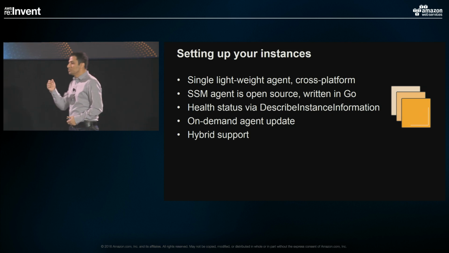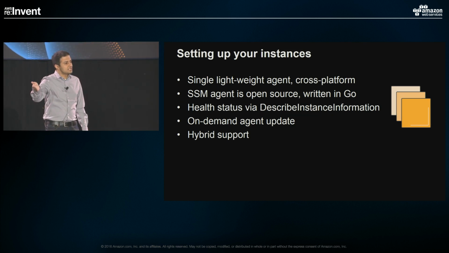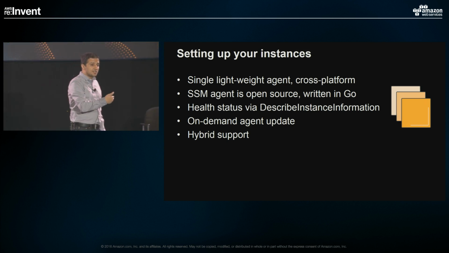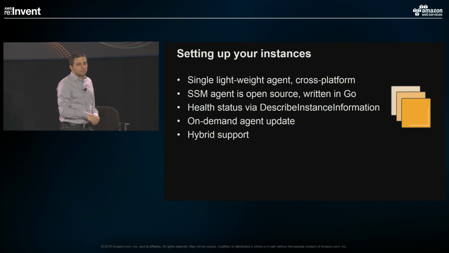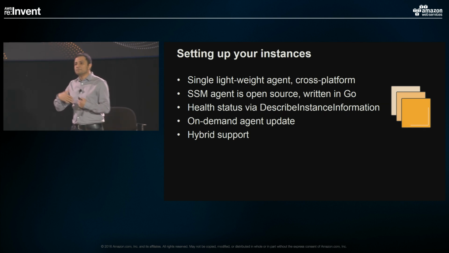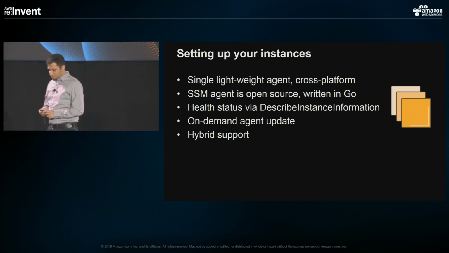So you can imagine you take the agent, you install it on your on-premises VM or physical bare metal server, and it just gets registered as a managed instance. After that registration or initial tie-up is done, you can manage that instance just as if it were an EC2 instance.